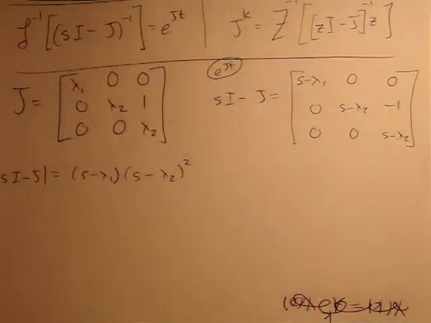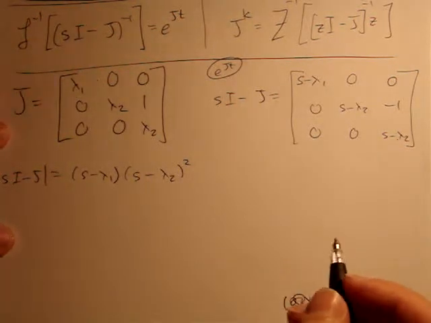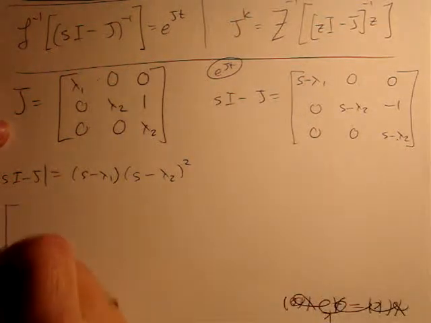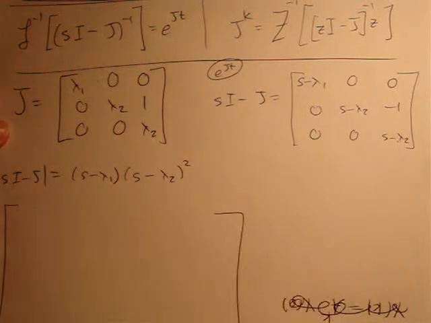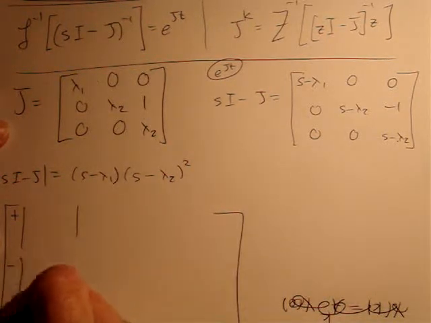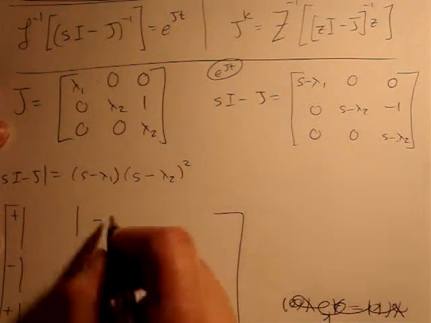And then we need our cofactor matrix. Alright, to find our cofactor matrix, let's start building it. We'll put our plus and minus signs for our adjoint and put our empty spaces for our determinants.